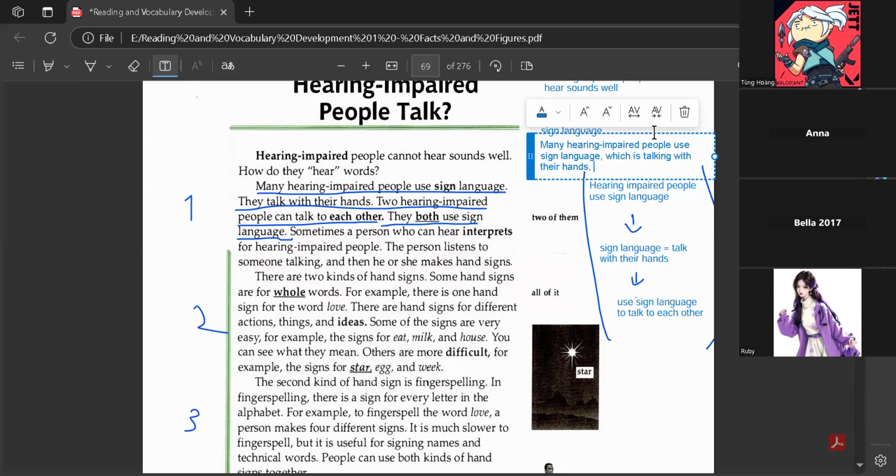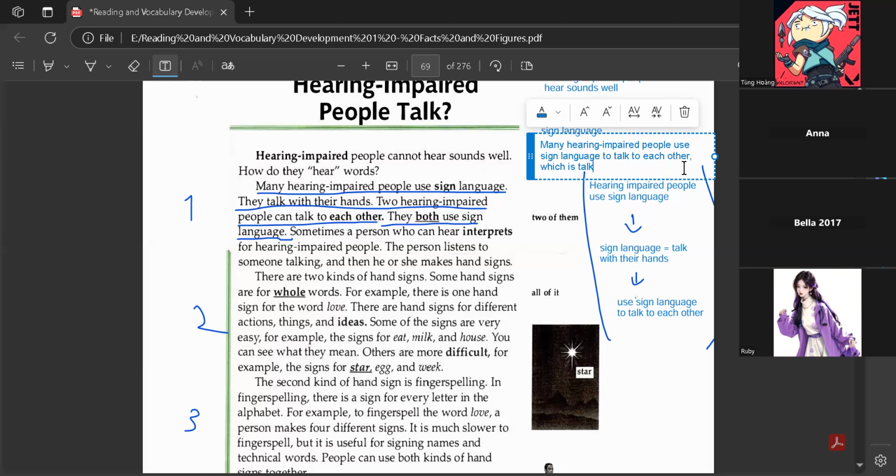People use sign language to talk to each other, which is talking with their hands.